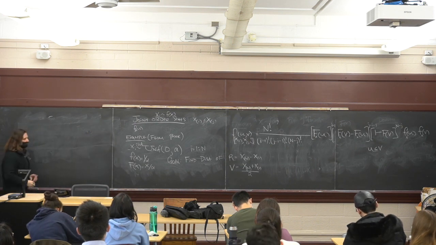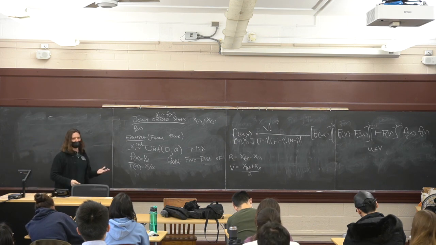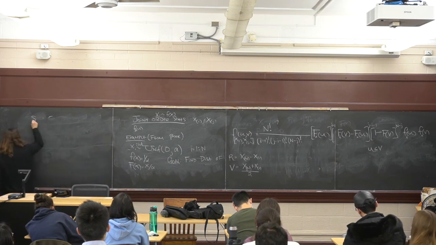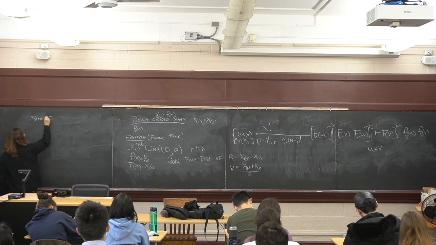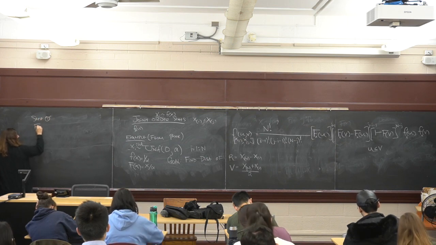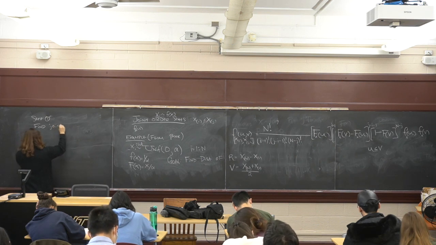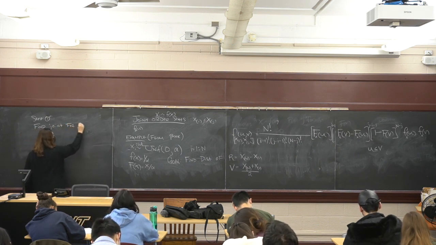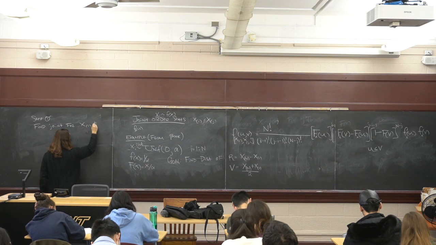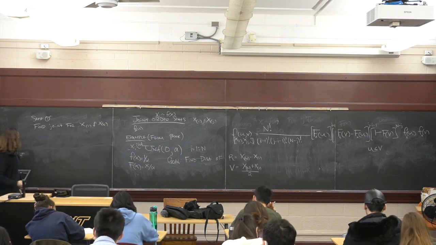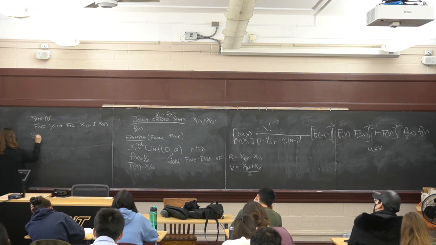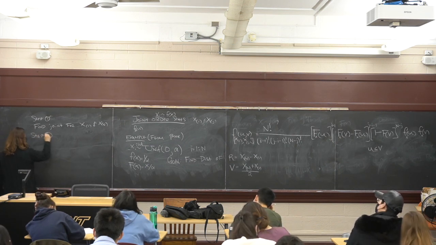Okay, so we want to find that. So we need a couple steps. Step one to do this is find the joint for x1 and xn, and then we transform. Step two, transform.